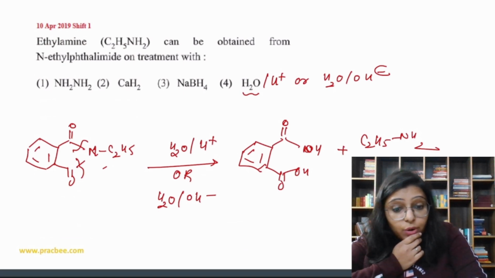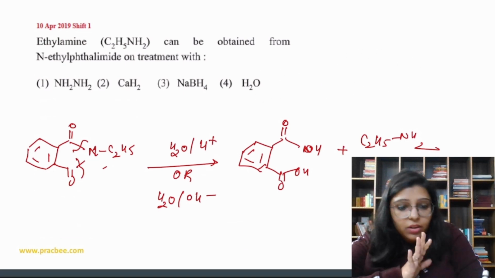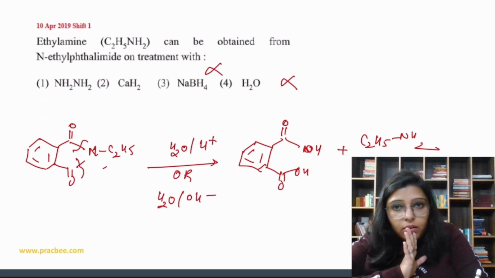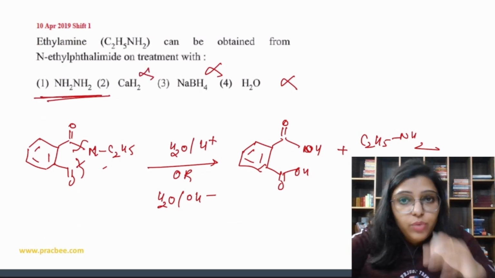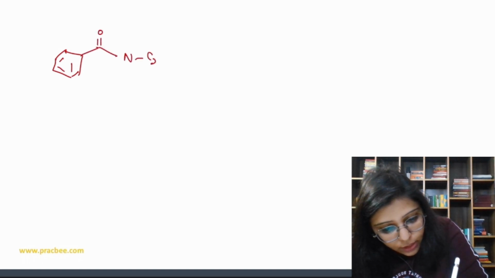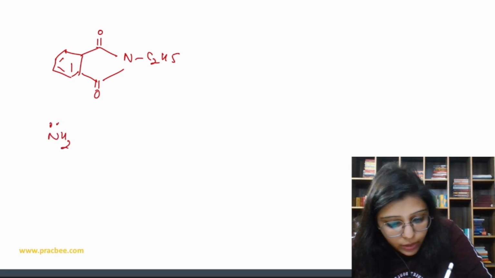But we have only water, so no. NaBH4 cannot reduce. We have NH2NH2. Let's find out how we can have C2H5NH2. So I'm going to draw this one. Double bond O, and this is NC2H5, and this is double bond. So we have NH2NH2.